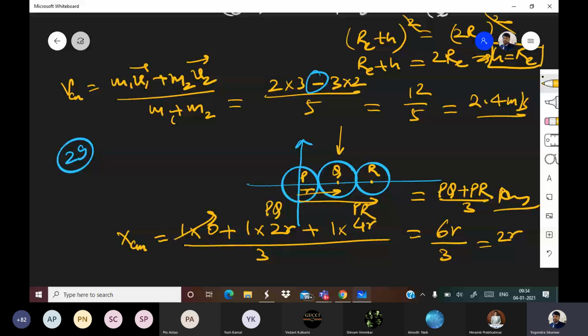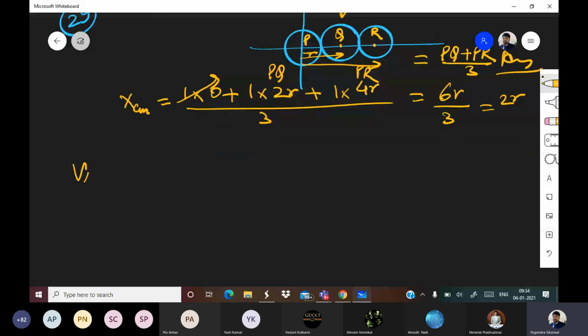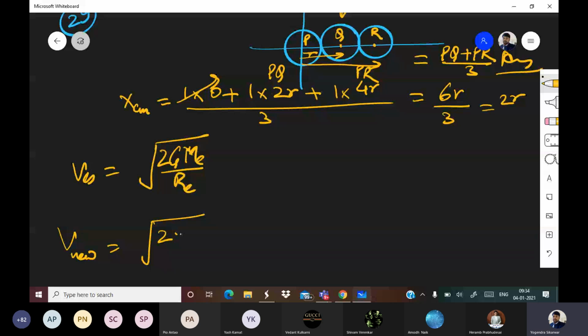Question 23. The escape velocity from the surface of Earth is 11.2 km per second. If the Earth's mass is increased to twice its present value and the radius of Earth becomes half, we have discussed this in some other batch. So V escape is nothing but the square root of 2G M upon R. Now you are making the mass double and the radius half, so this factor of 2 will go up.